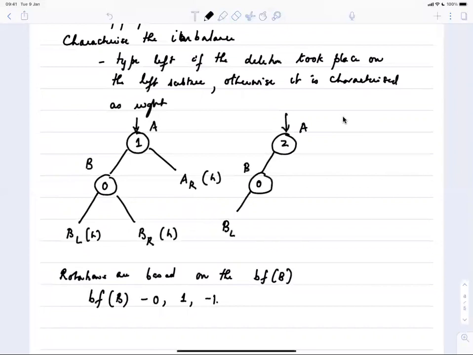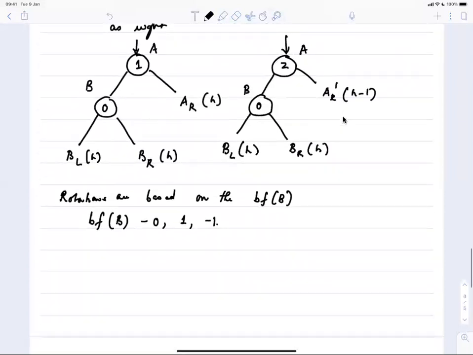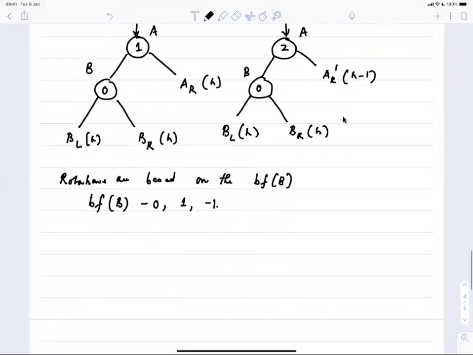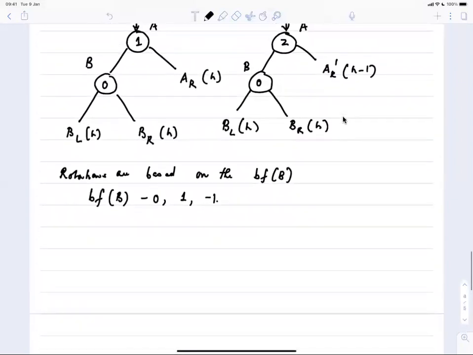These are both of height H, H. If this has become 2, clearly there must have been a deletion over here, and this has height of H minus 1. So I'm taking the right subtree deletion now. Then balance factor of B is 0.